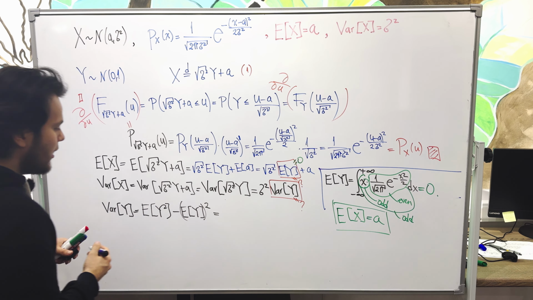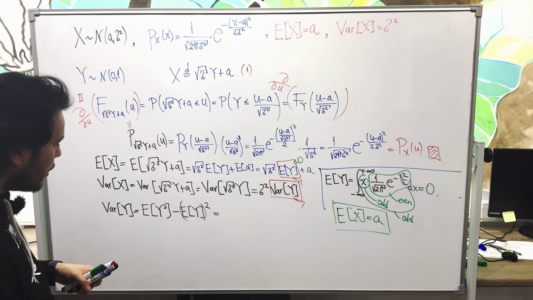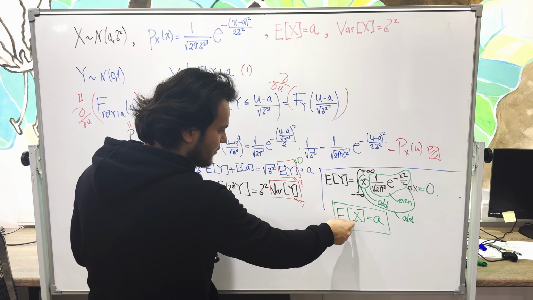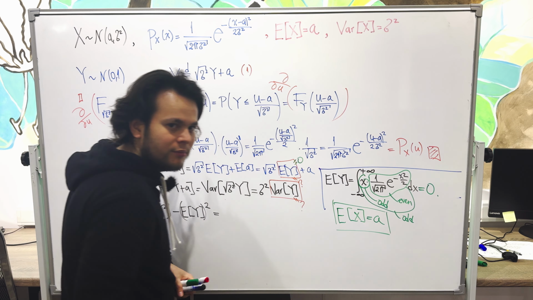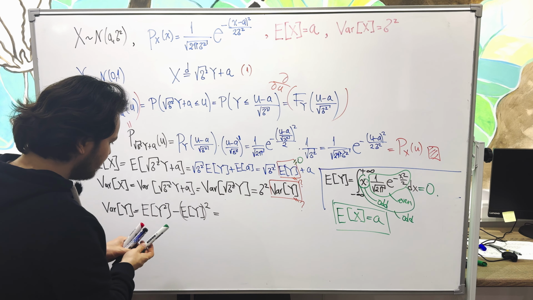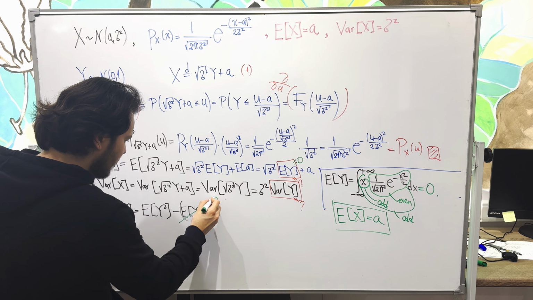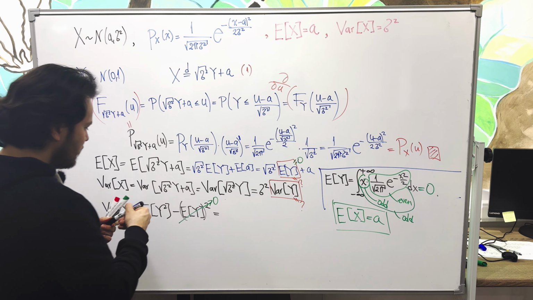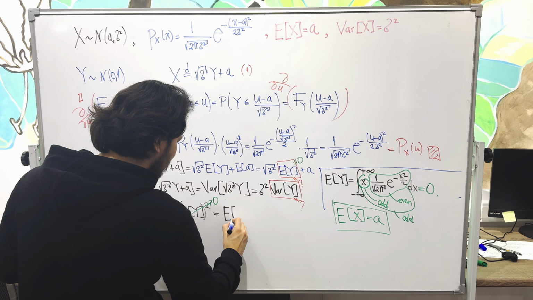Now, we already computed the expected value of y, and it is equal to 0, yes? So this is 0. So the variance is just equal to the second moment, so we'll have the expected value of y squared.